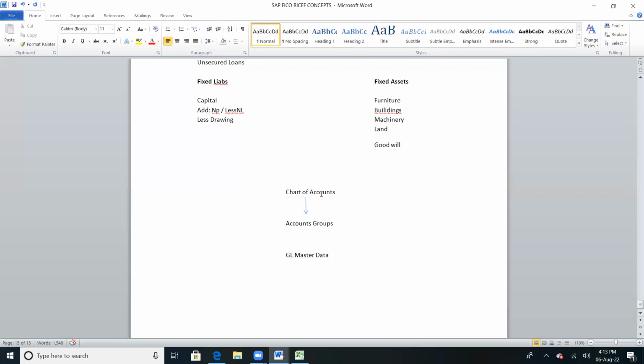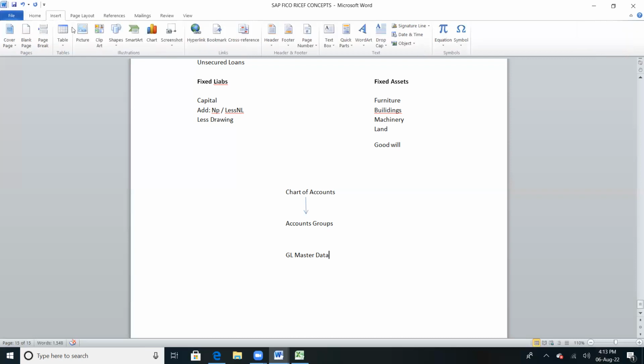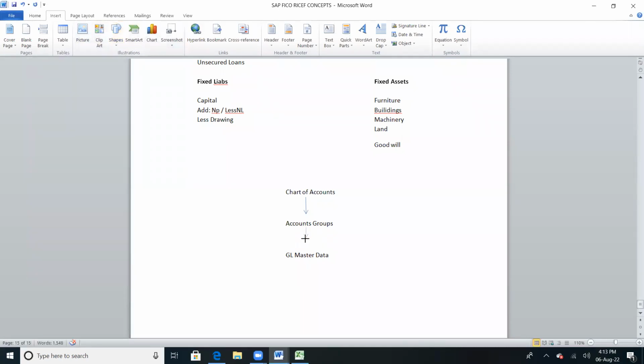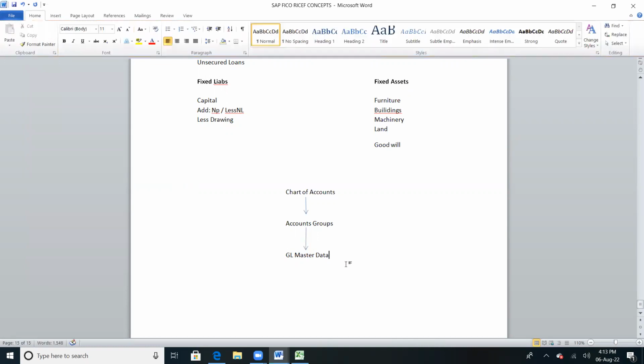So first chart of accounts, next account groups, and next GL masters. Just write it down: chart of accounts, account groups, GL master data.